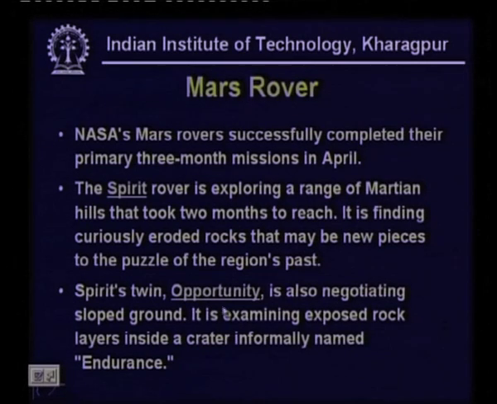Spirit's twin, Opportunity, is also negotiating sloped ground, examining exposed rock layers inside a crater informally named Endurance. So you see that we have intelligent agents that are going to unknown territory where no human has been before, and they are carrying on explorations and making new inferences.